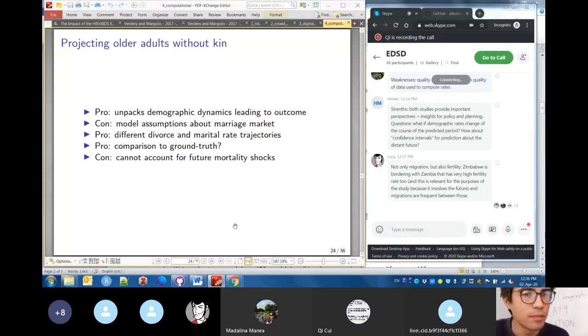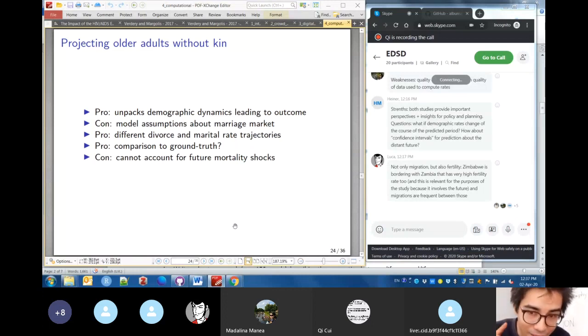Some of my observations: I really like that they look at these demographic dynamics. I don't know if you caught this, it's only one sentence I think in the results, where they say that their estimates were robust even after accounting for different divorce and marriage rate trajectories.